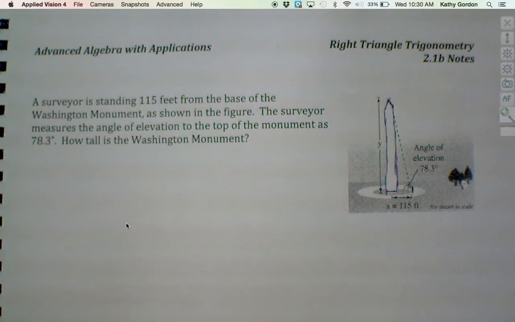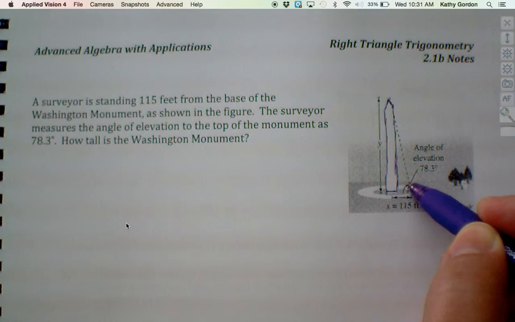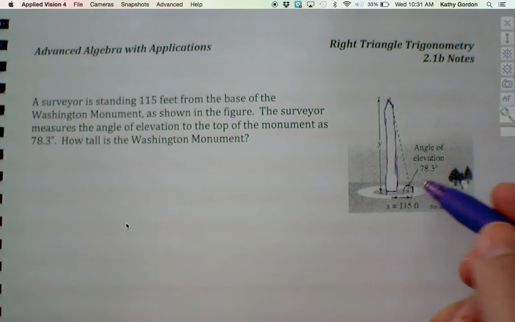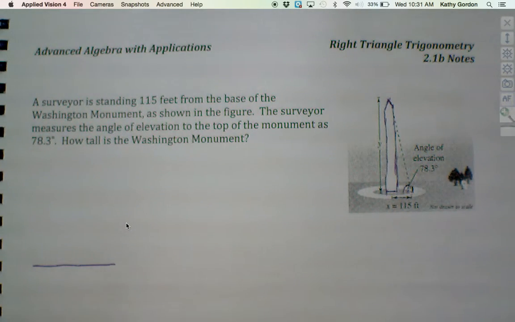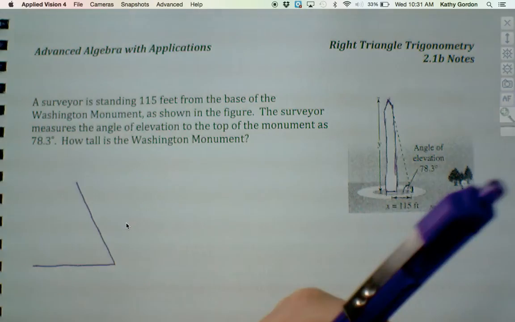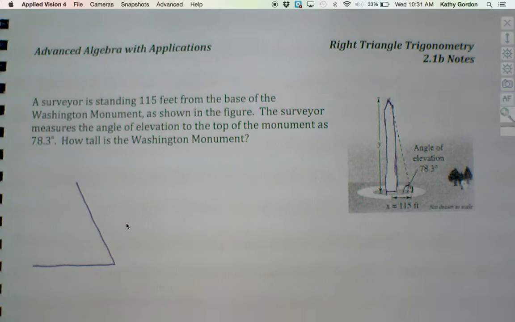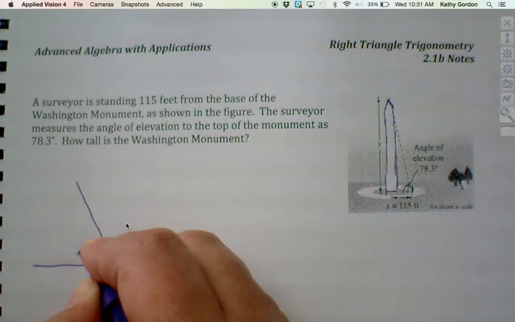Okay? Says the surveyor measures the angle of elevation to the top of the monument as 78.3 degrees. So when he looks up from where he is down here, he's determined that the angle right here that's being made from the ground as the bottom, and then his line of sight looking up to the top of our monument here, that angle is meant to be the 78.3 degrees.